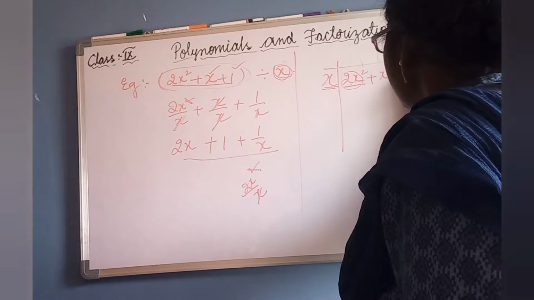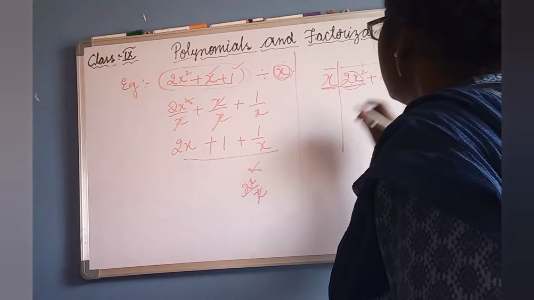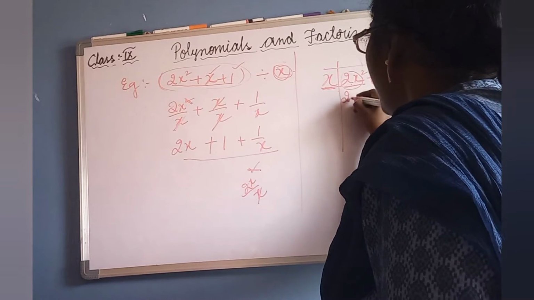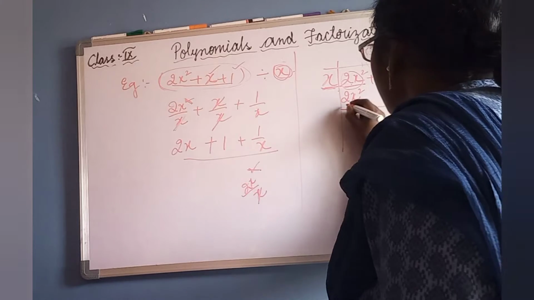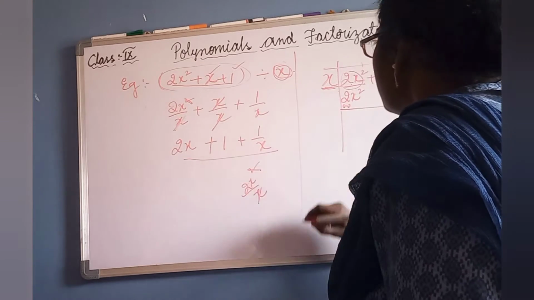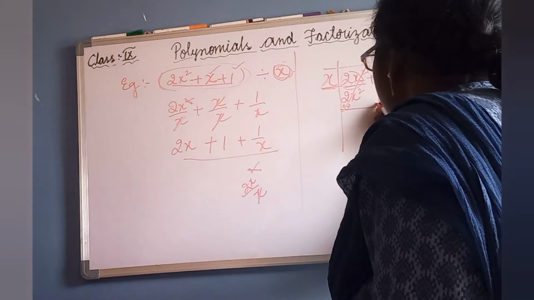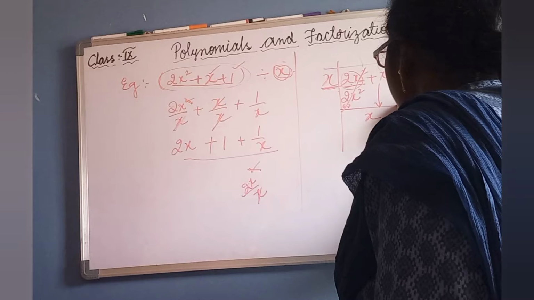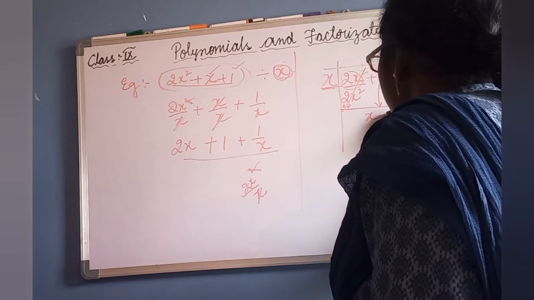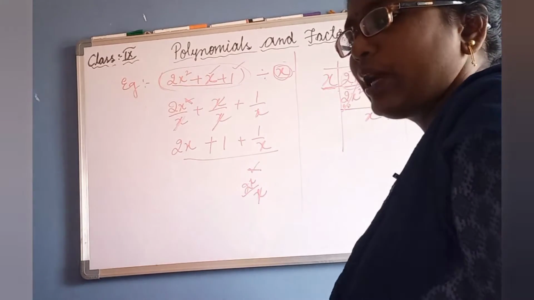Now you need to take that. 2x multiplied by x will become 2x square. Got it? So 2x square. When you subtract, this cancels and you take the next terms, x plus 1.